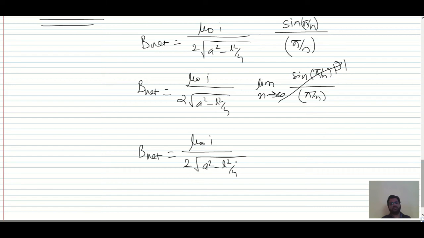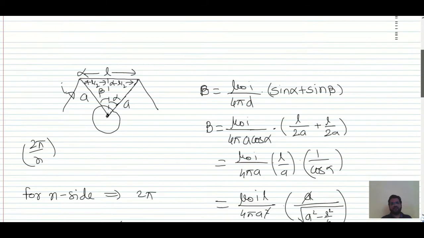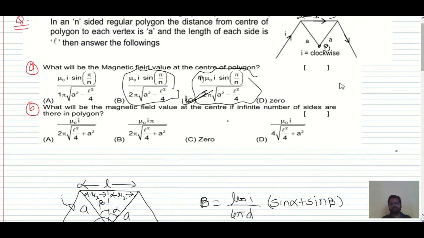So if you put L is equal to 0 over here, you will get mu naught I divided by 2A, and that is what we have for the circle. But over here, if I put L is equal to 0, then this pi gets cancelled, mu naught I divided by 2A, so this is possible.